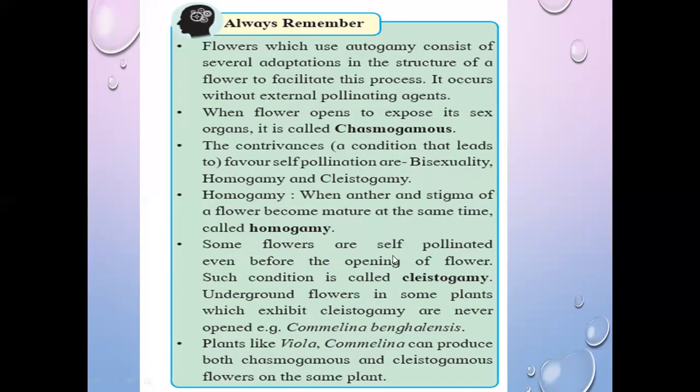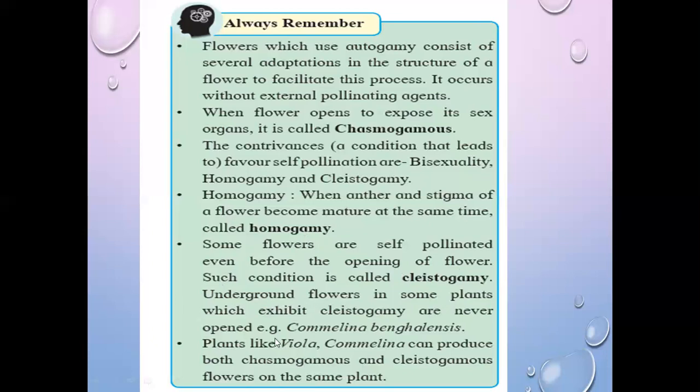But some flowers are self pollinated even before the opening of the flower. म्हणजे फ्लॉवर जेव्हा बड कंडिशन मध्ये असतात, कळी असते, त्याच वेळेला ते सेल्फ पॉलिनेशन करू शकतात, फ्लॉवर ओपन होण्याची गरज नाहीये. Okay, so some flowers are self-pollinated even before the opening of the flower, such condition is called as cleistogamy.